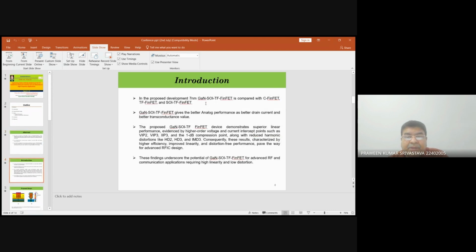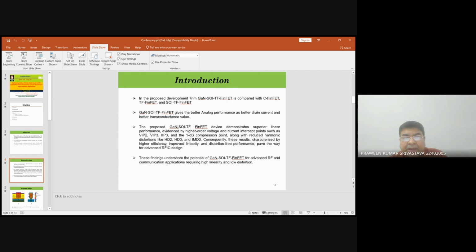What we have done is compare the gallium nitride SOI-TF-FinFET with C-FinFET, TF-FinFET and SOI-TF-FinFET, and from comparing the results we have tried to show that this gives better performance as far as analog performance is concerned.